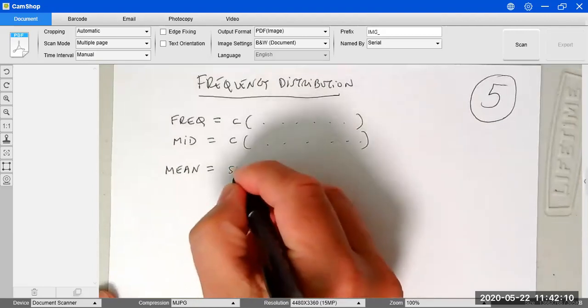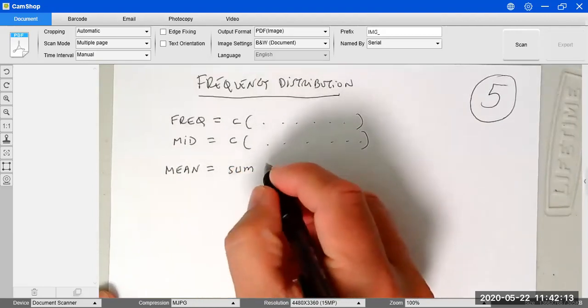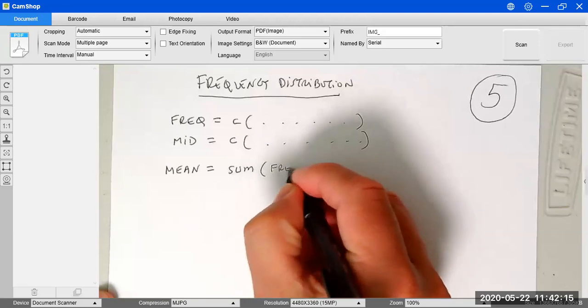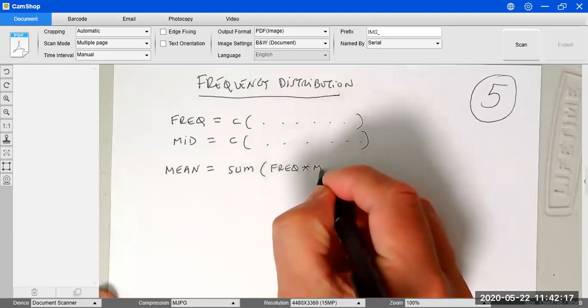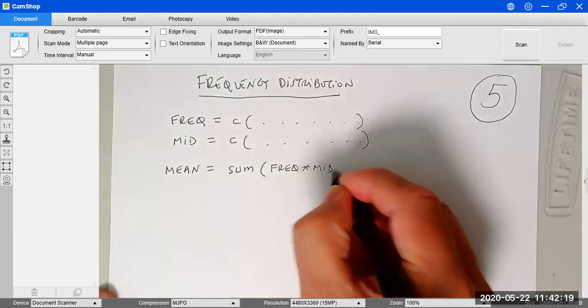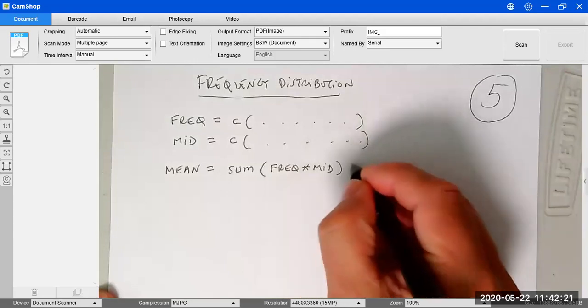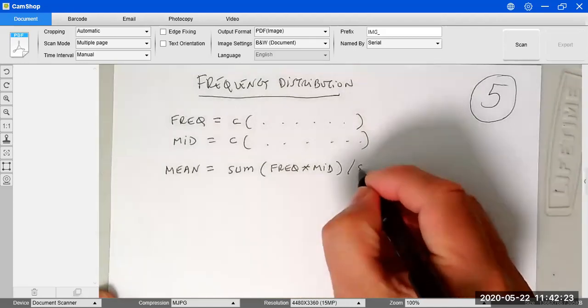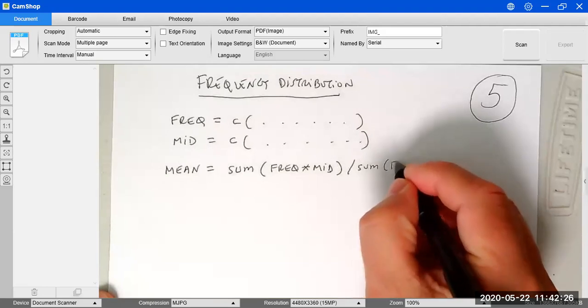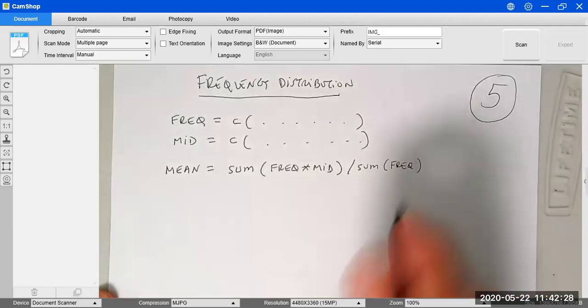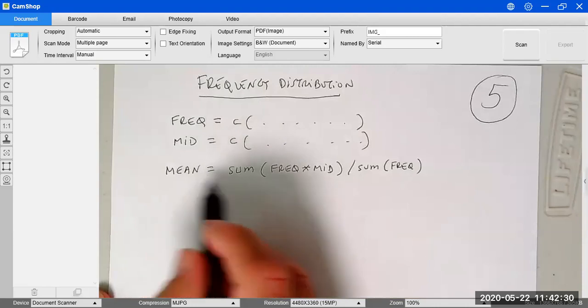It's going to be the sum, and you're going to multiply frequencies and midpoints. We did this the last time. And we're going to divide that by the sum of the frequencies. And then we have the mean.